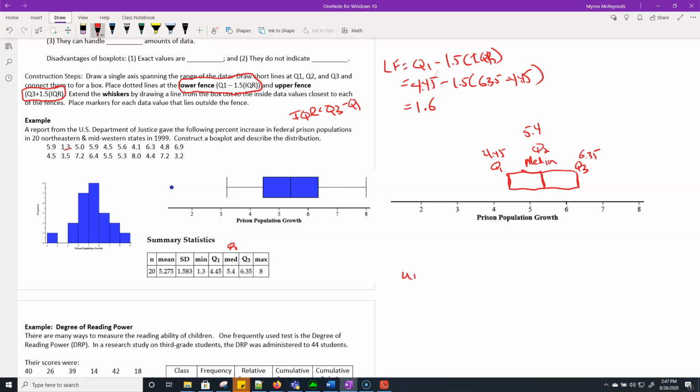The upper fence, we have its equation right here, Q3 plus 1.5 IQR. So that would be Q3 is 6.35 plus 1.5 times, and we already got that, 6.35 minus 4.45. And so I'm going to find the upper fence.